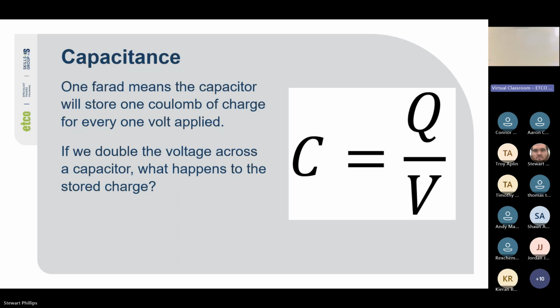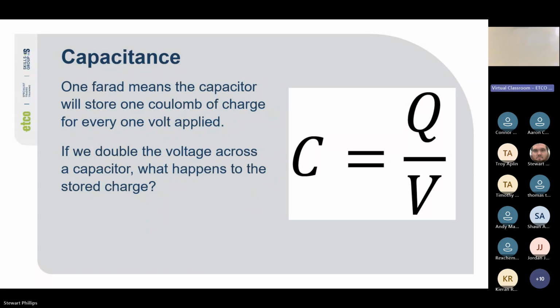So it's a little bit tricky here, but we have to rearrange this formula. If we want to find out the charge, remember the charge is the coulombs. When we talk about charge, we're talking about Q. C is the capacitance.